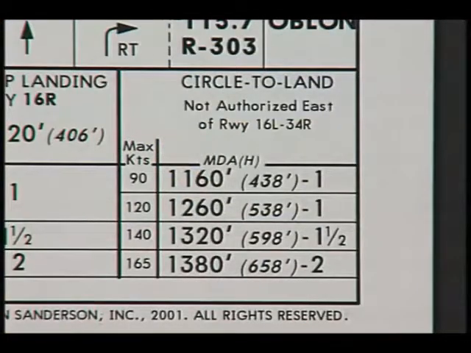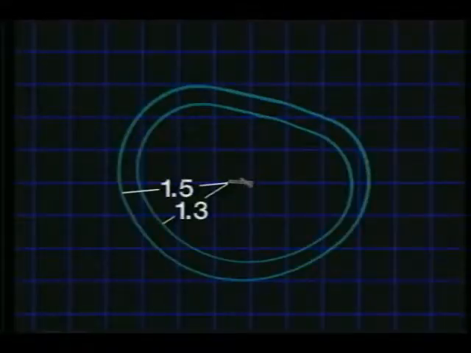On the far right of the chart are the circle-to-land minimum altitudes, heights, and visibilities. Remember, not all approaches offer circle-to-land minimums. The protected airspace during a circle-to-land maneuver depends on your aircraft's approach category.